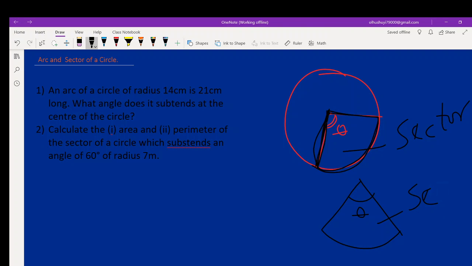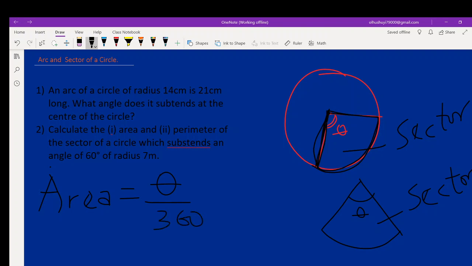And how do you go about the area of a sector? Please note that the area is taken as theta upon 360.